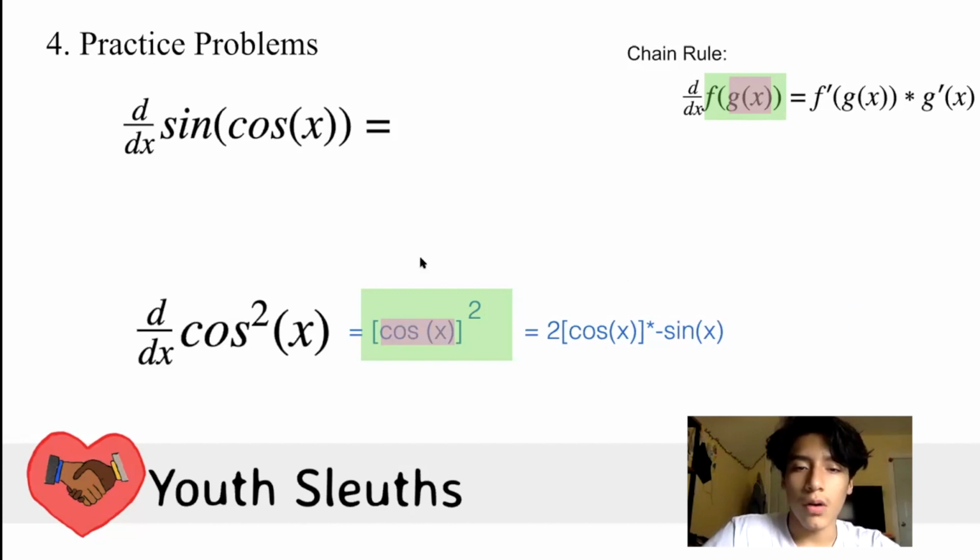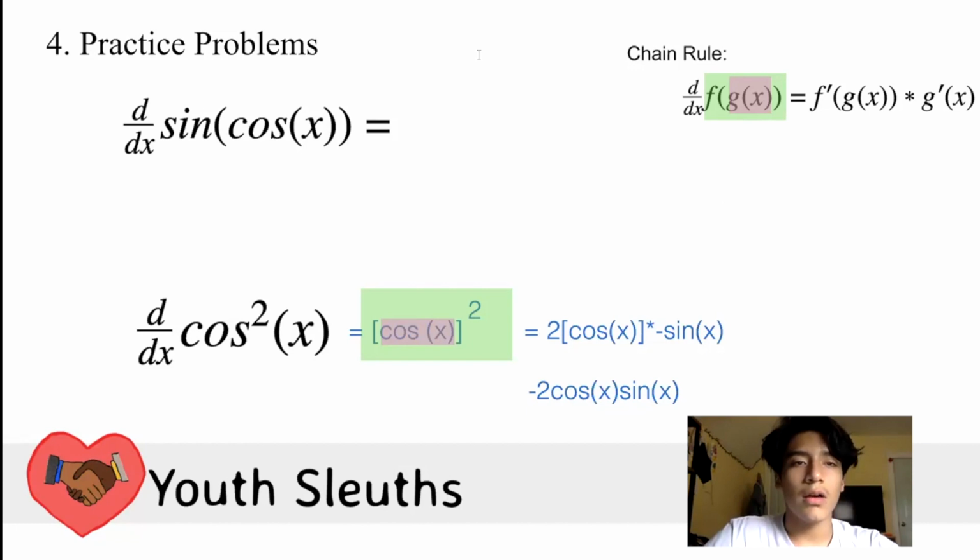And so all we have to do is now just simplify. So 2 times negative 1 is just negative 2, since we got the negative from the negative sign. Then cosine of x, and then times sine of x. And that is your answer for the derivative of cosine squared of x.